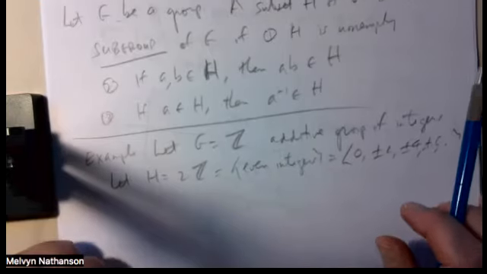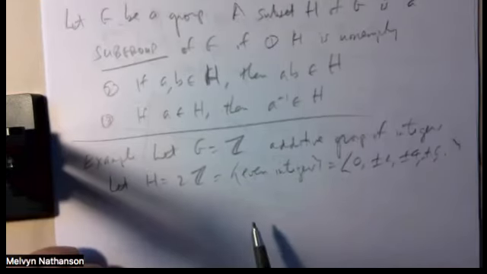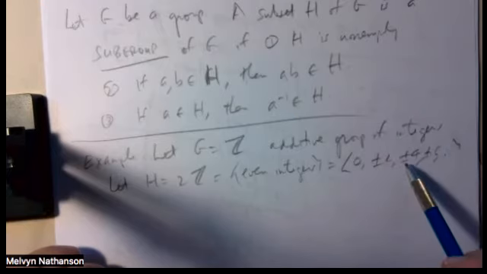So this is not empty. Here the group operation is addition, not multiplication. And if you add two even integers, you get another even integer. And the inverse of an integer n is minus n, and if n is even, so is negative n. So this is an example of a subgroup.